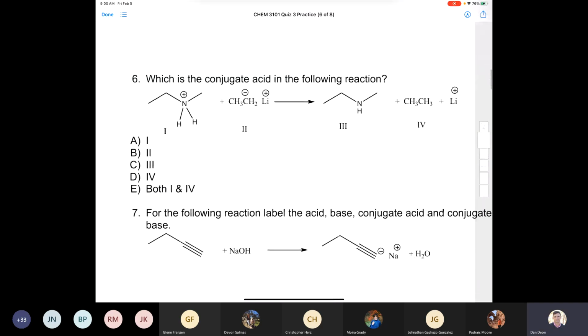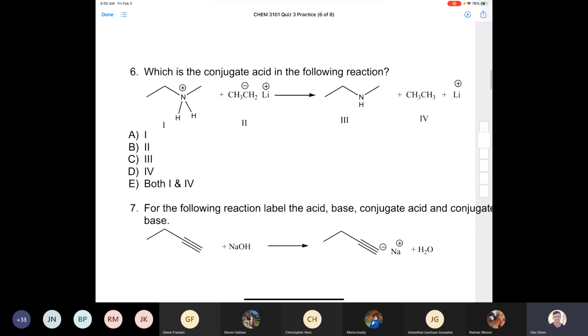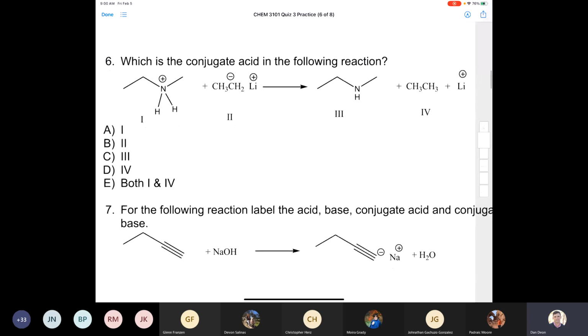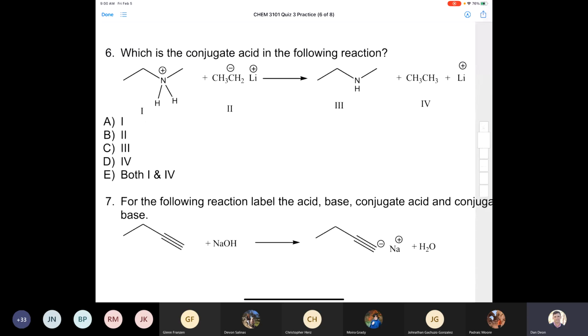Okay, another reaction where you see the spectator ion. You see the counter ion, the lithium on the far right there. Anyhow, it says, what's the conjugate acid in this reaction? Well, more practice, we can see that this molecule is taking a proton. It's accepting a proton because you're left over with ethane in the end.